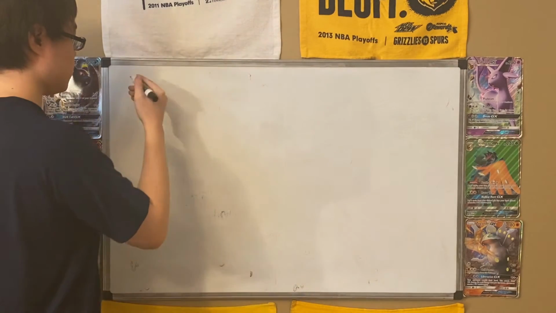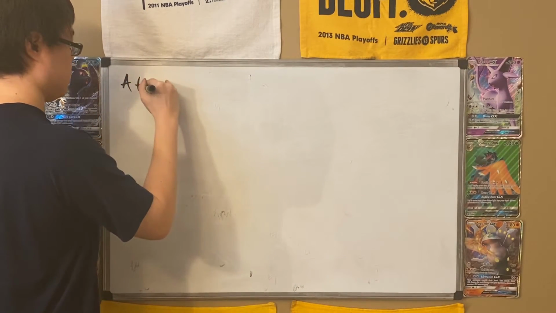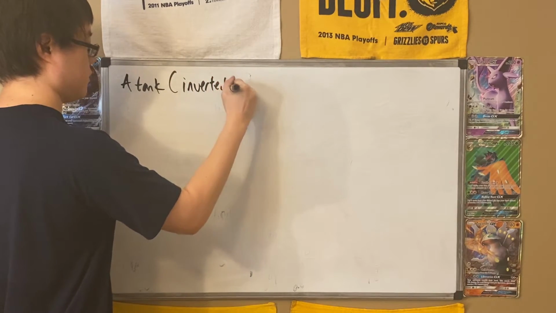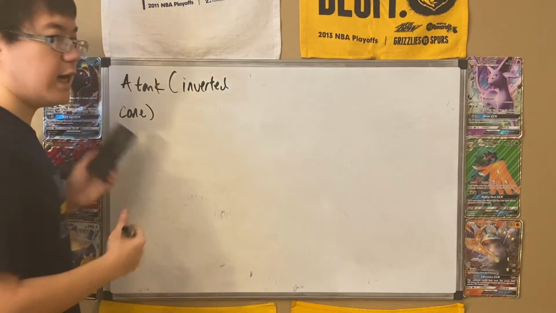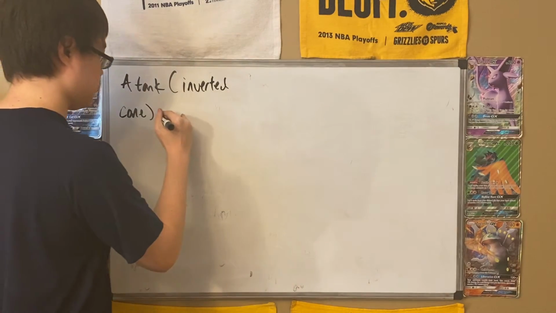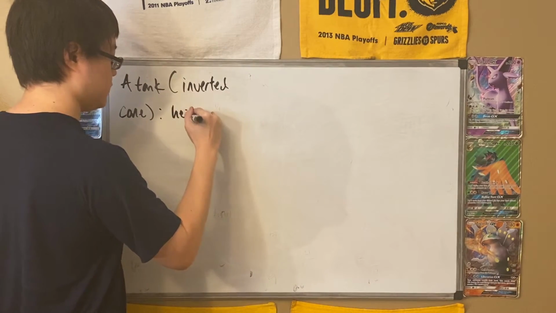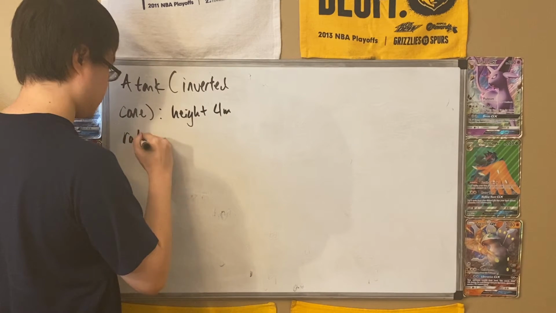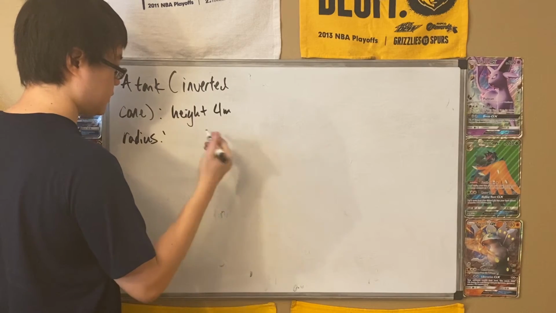So we have a water tank that's an inverted cone, whose height is, let's say, 4 meters. Its radius is, let's say, 2 meters.